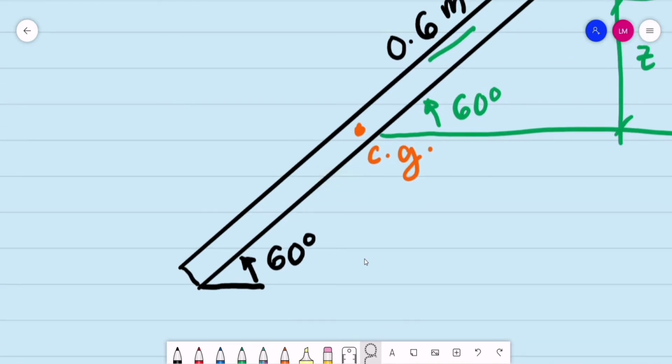So, mula dito sa ilalim ng gate, alam natin na yung distance papunta sa center of gravity ay 0.6 meter.